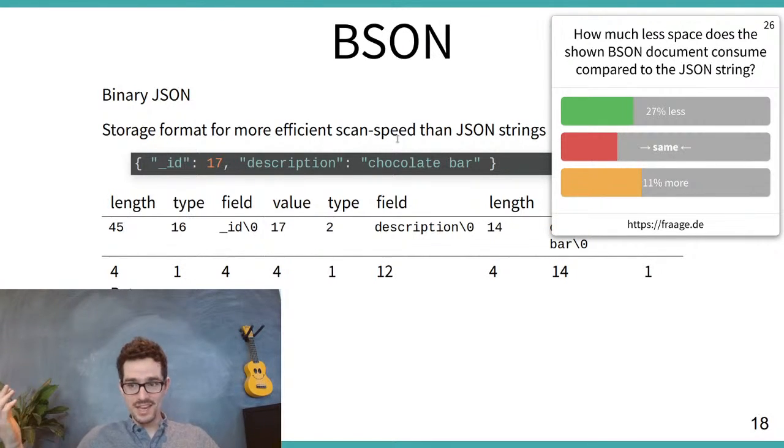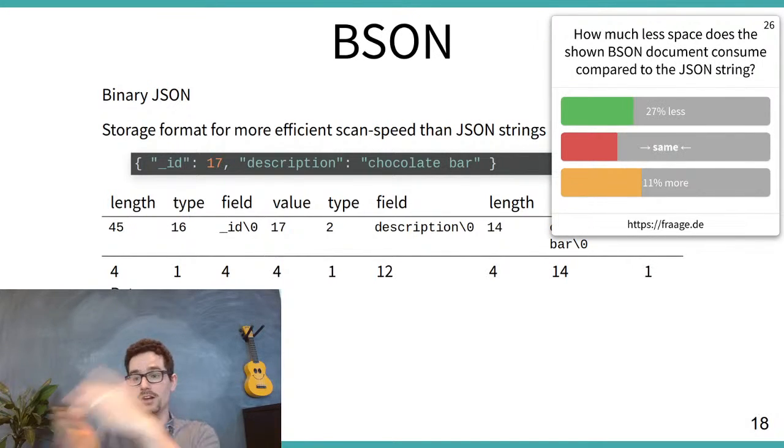And for big data amounts, it may be true that BSON is a bit more compact than JSON, but in general you cannot tell. It can be that BSON is larger or smaller than the JSON. In this case, it is randomly the same. It's not a compressed format. It's a format for faster search.